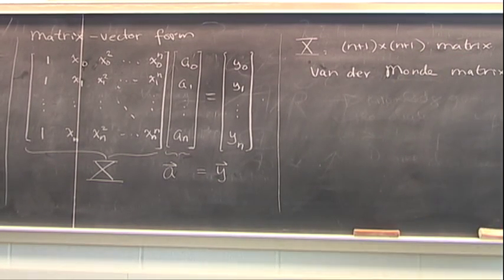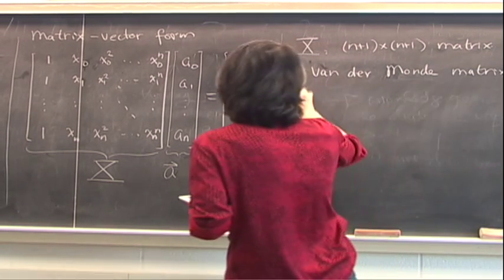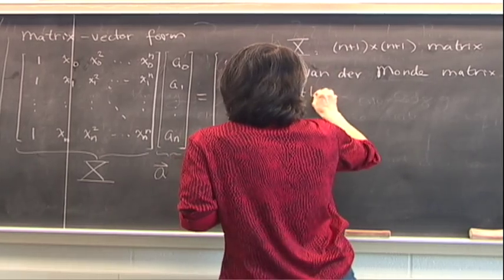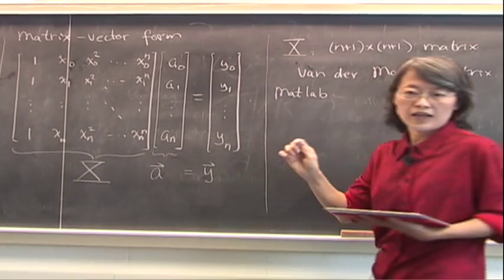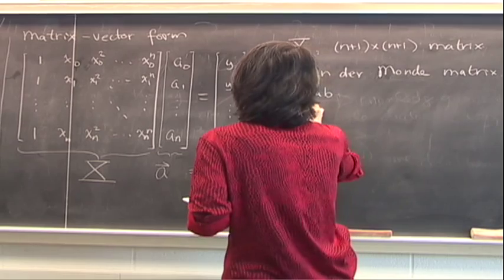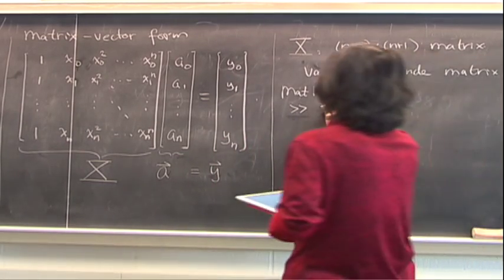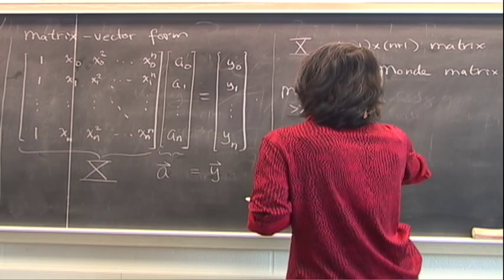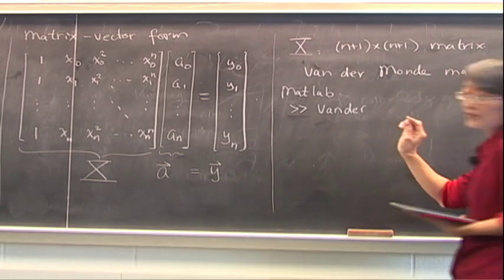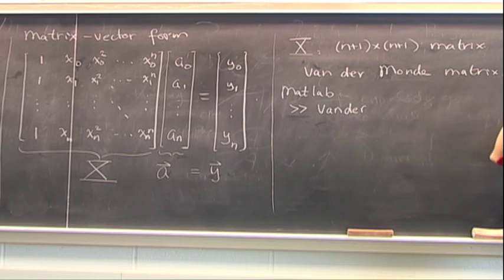I mean, it doesn't take that much effort to generate this matrix, but to make life even easier, it's already coded in MATLAB. Okay, so you just need to launch this command. So that's the prompt in the command window. In MATLAB, the command will be vander. They don't care about the monde, the whole word doesn't matter. They just pick the vander.